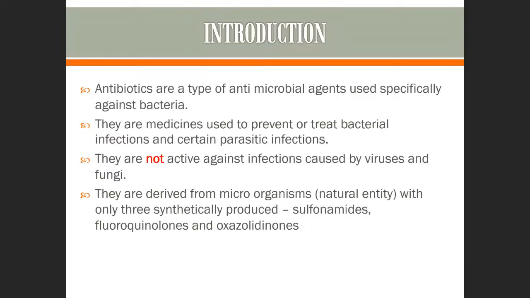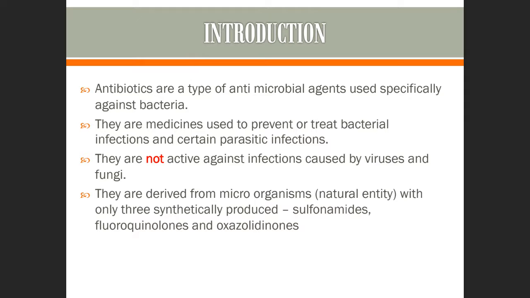Here, antibiotics are a type of antimicrobial agent used specially against bacteria. They are medicines used to prevent or treat bacterial infection or certain parasite infections. They are not active against infections caused by viruses and fungi.